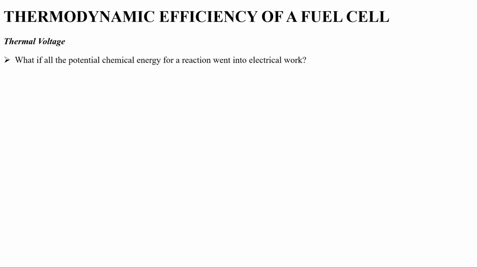So if chemical energy is completely converted into electrical energy, there will be no heat generation, then there will be no heat transfer, and if there is no heat transfer, there will be no entropy generation.